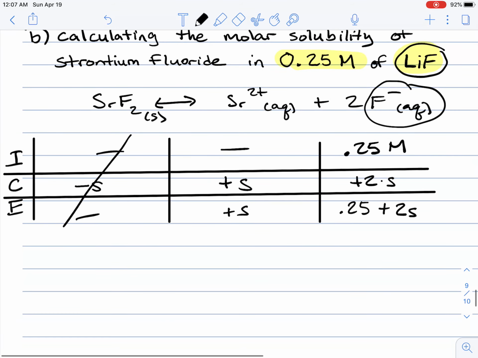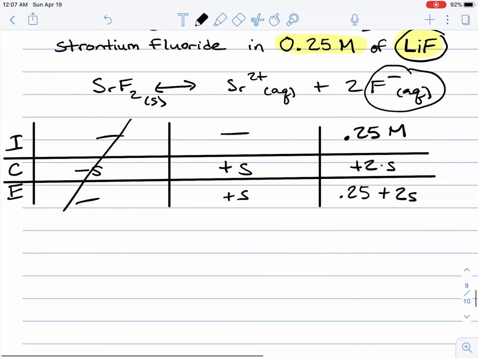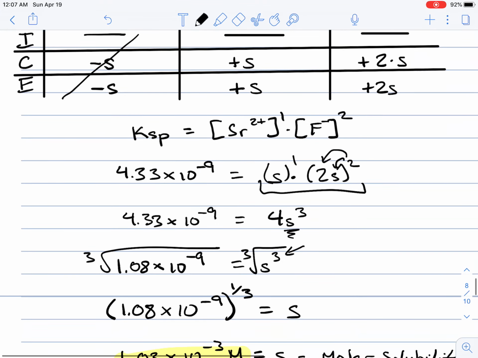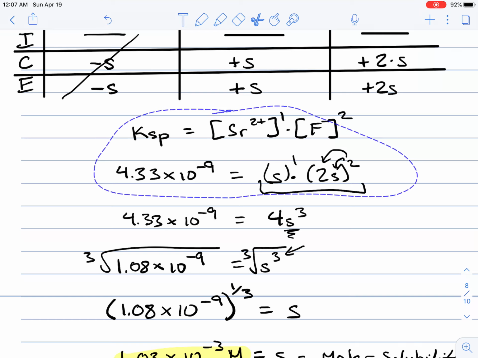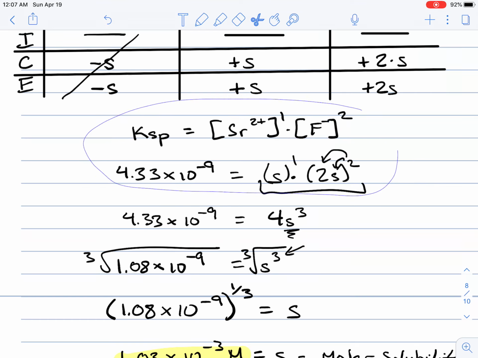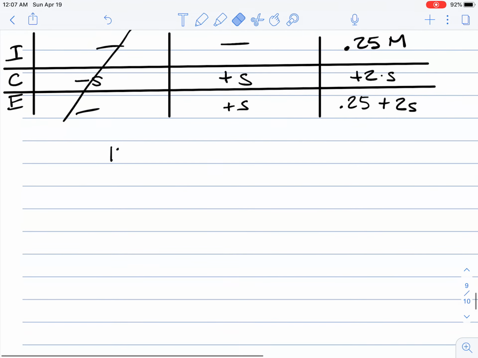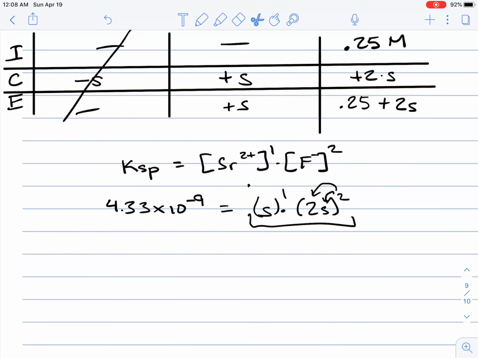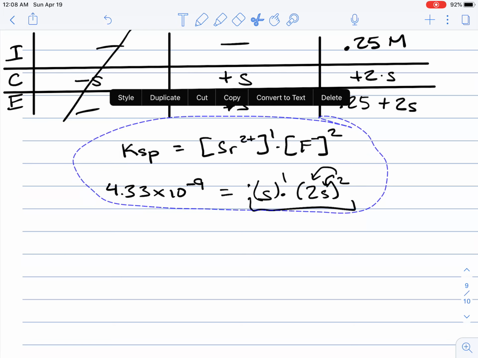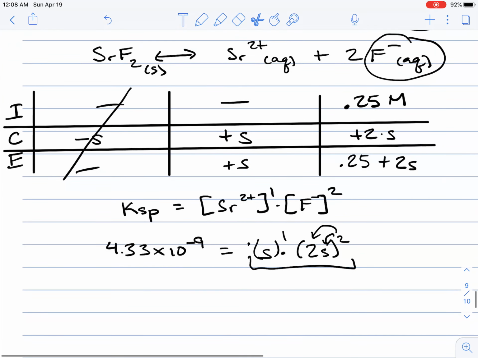expression for each substance, let's go ahead and write that mass action expression for Ksp. I think I'll just copy and paste it. Okay. All right, so here we have the mass action expression.